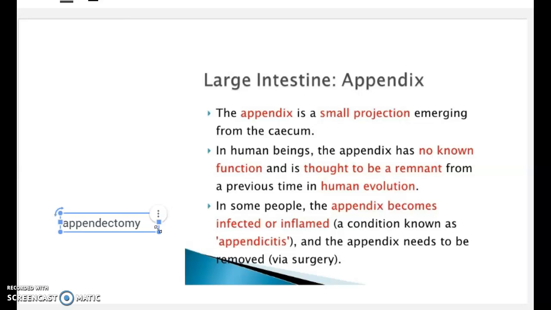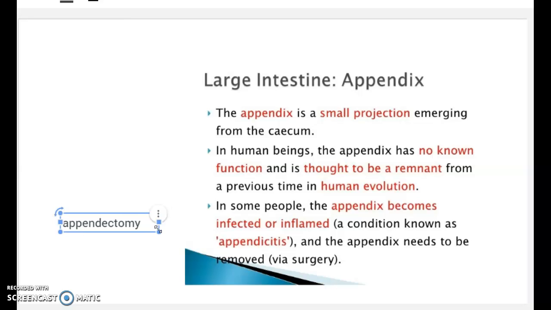Now, what is the function which is suggested by some scientists? The appendix contains a small amount of mucus associated with lymphoid tissue. As it contains lymphoid tissue, it is also secreting mucus, and the lymphoid tissue gives the appendix an indeterminate role in immunity.